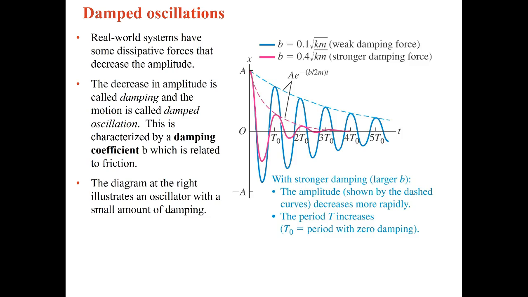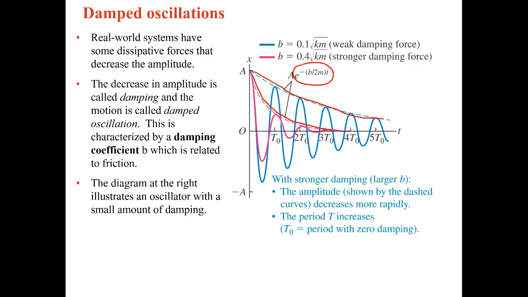One thing that we can notice right away is that with larger values of damping, the amplitude is going to decrease more rapidly, and that's called our envelope. So this is light damping here, and with more damping, it's going to decrease more rapidly, and you can see that it's an exponential function. So a larger number means it's going to decrease faster.